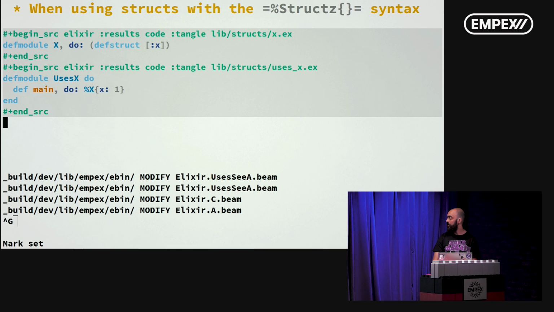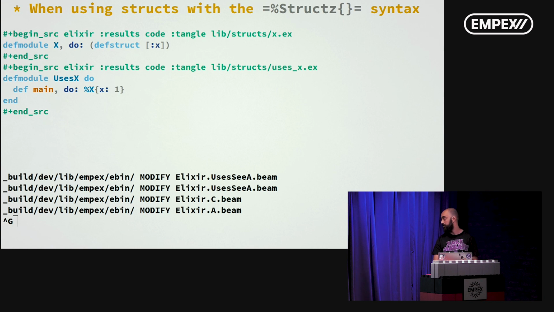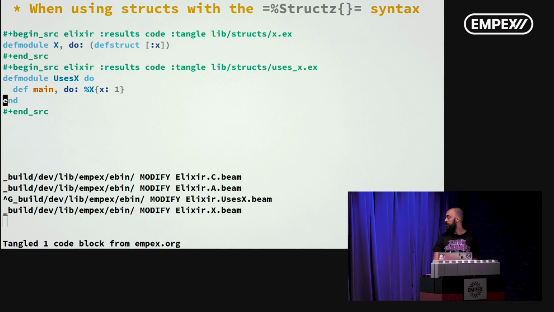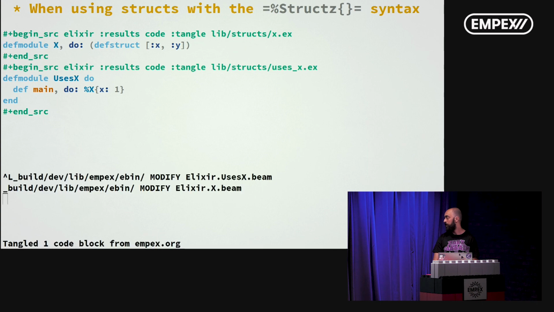Well, we define a struct X with a field X, and we define a module that uses X. What happens if we change X? Well, uses X gets recompiled, and X gets recompiled.